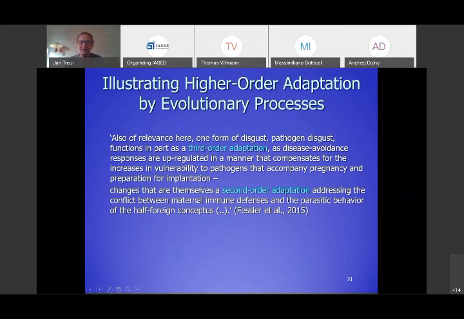And then the pregnancy itself, you can consider it as a second order adaptation. I adopted that example and I worked it out in a model, but I also took into account the adaptation that introduced the pathogens, like the viruses and all the bacteria that make us ill, like even in these days.